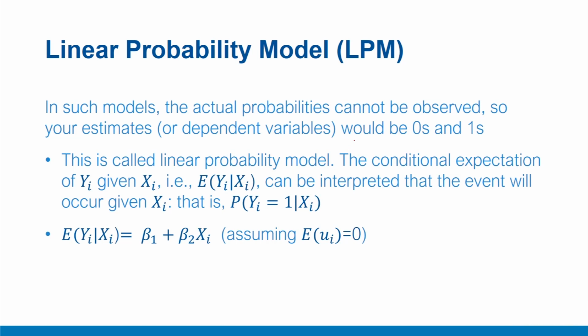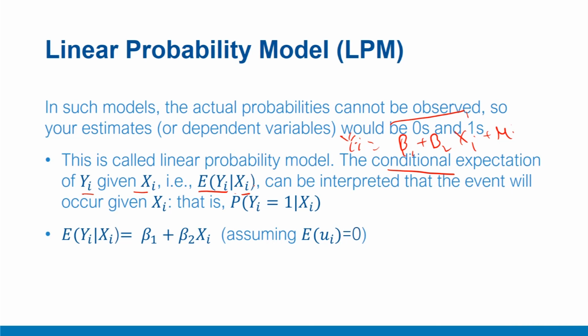So what we just saw, that is yi equal to beta 1 plus beta 2 times xi plus error term, is basically, here in this model, what we'll get in the form of beta 1 plus beta 2 xi is the conditional expectation. Recall our discussion on simple linear regression modeling. It is the conditional expectation of yi given xi, that means the expected value of yi given xi.